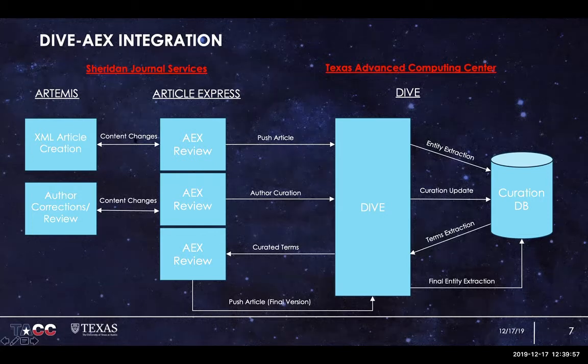And so the authors go through this process that I'm pointing at with my mouse. At the same time, once they go through the initial changes, they give us a copy of this article. Then we run our entity extractions and store that in the database. As the authors are going through their proofing process, they are given a task to visit our tool.